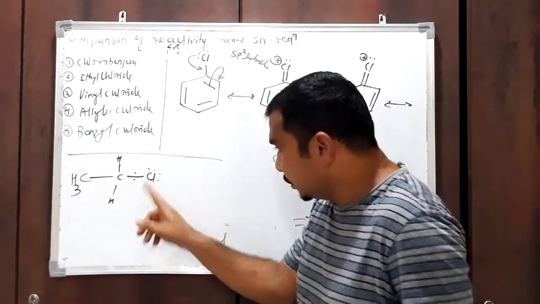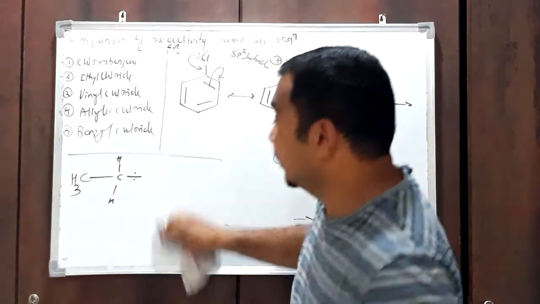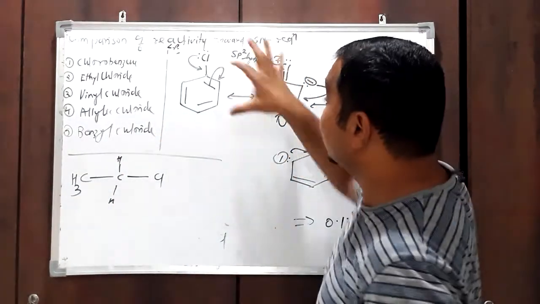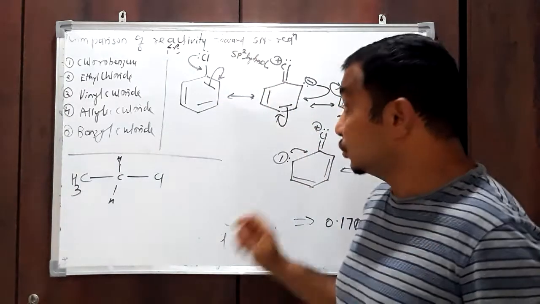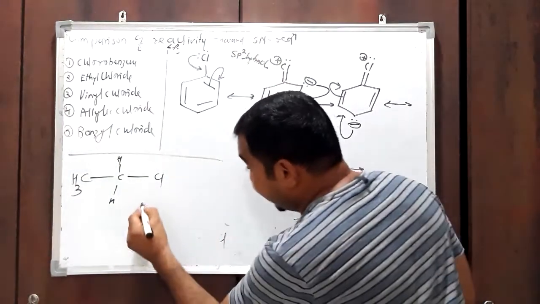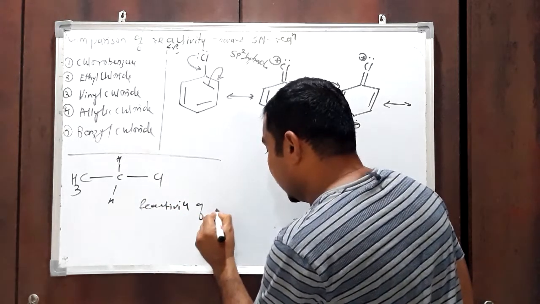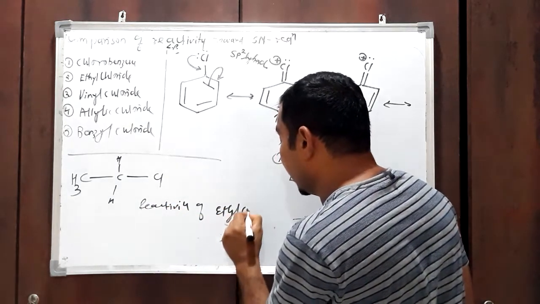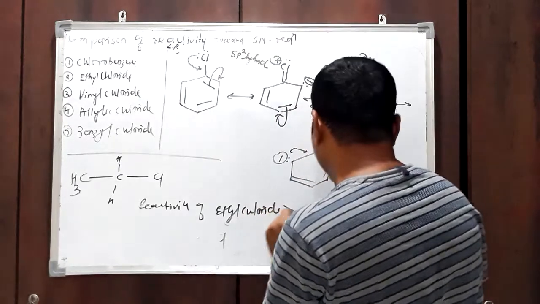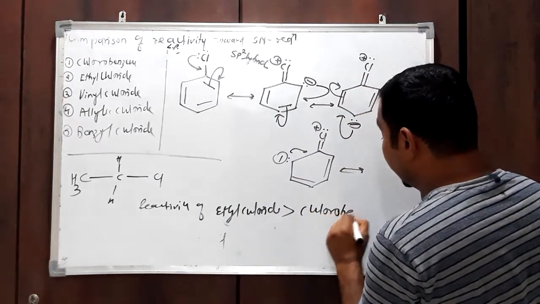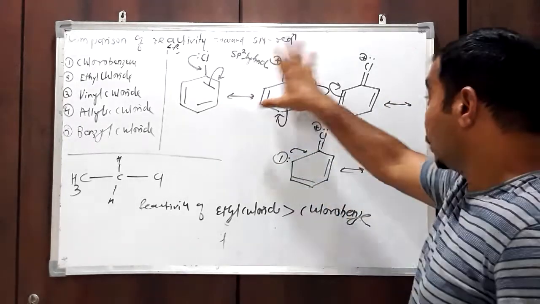It is very easy to replace Cl in ethyl chloride than Cl from chlorobenzene. So it means the reactivity of ethyl chloride is greater than the reactivity of chlorobenzene. Why? This is resonance.